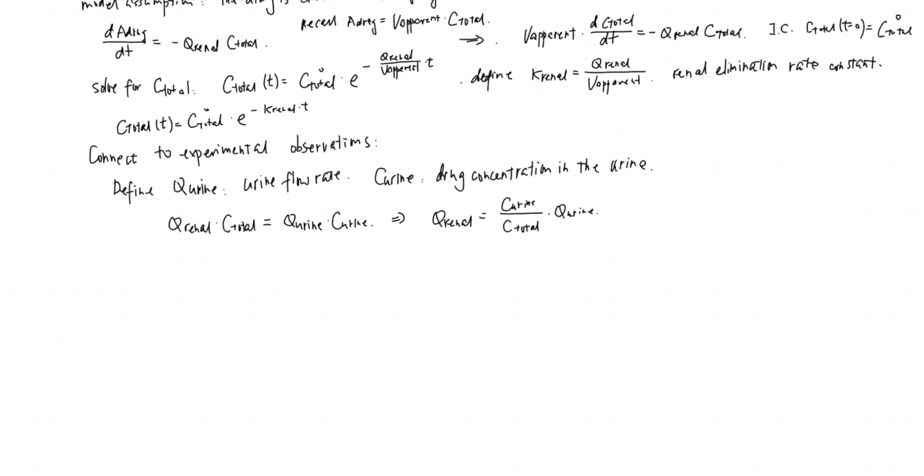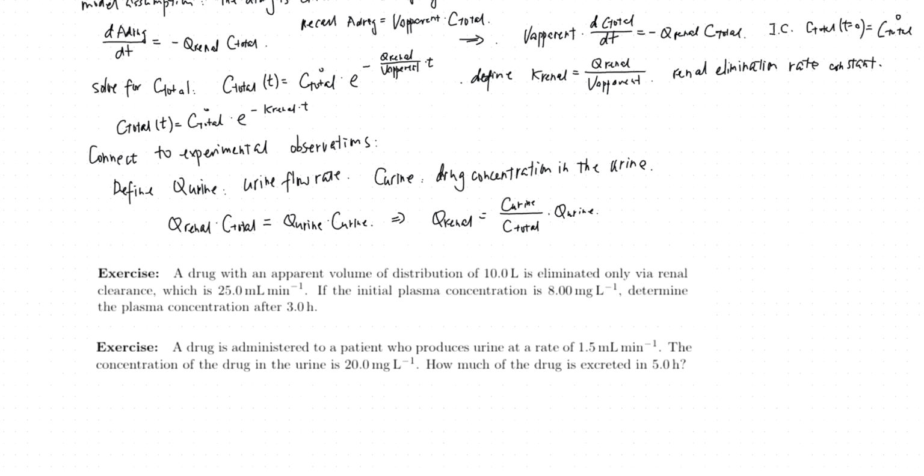Okay, let me leave you homework problems. Let's do two homework problems for this section. Problem one: a drug with a given apparent volume of distribution is eliminated only through renal clearance. This is consistent with the assumption for today's lecture, the modeling.